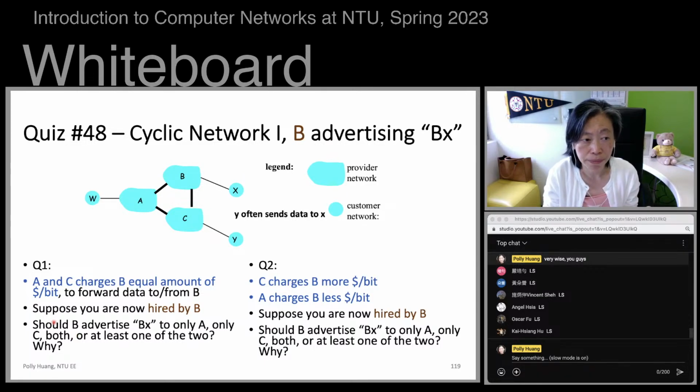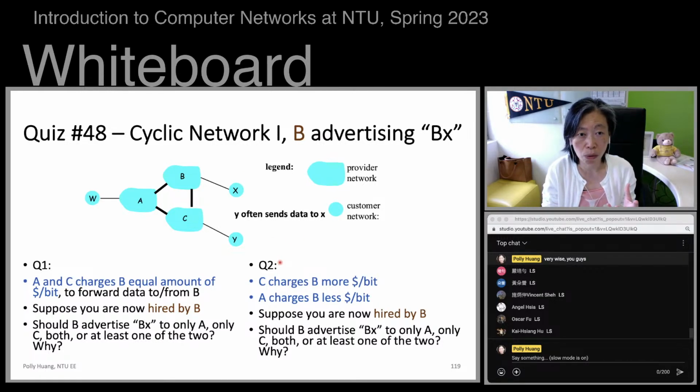All right. Suppose now you are hired by B. Okay, you're now working for B, and you want to make sure that B gets the maximum profit. Should B advertise BX to only A, only C, both, or at least one of them? Okay, I think the key answer I was looking for is Y.